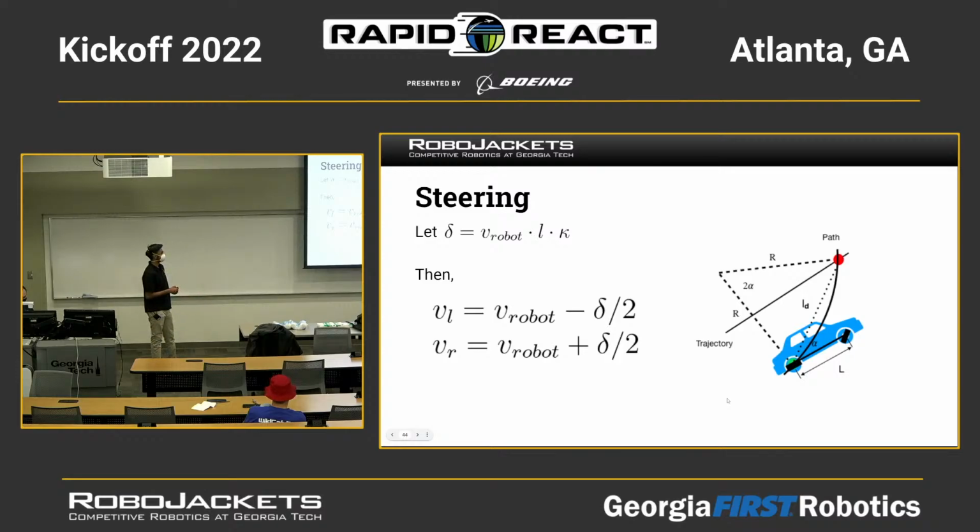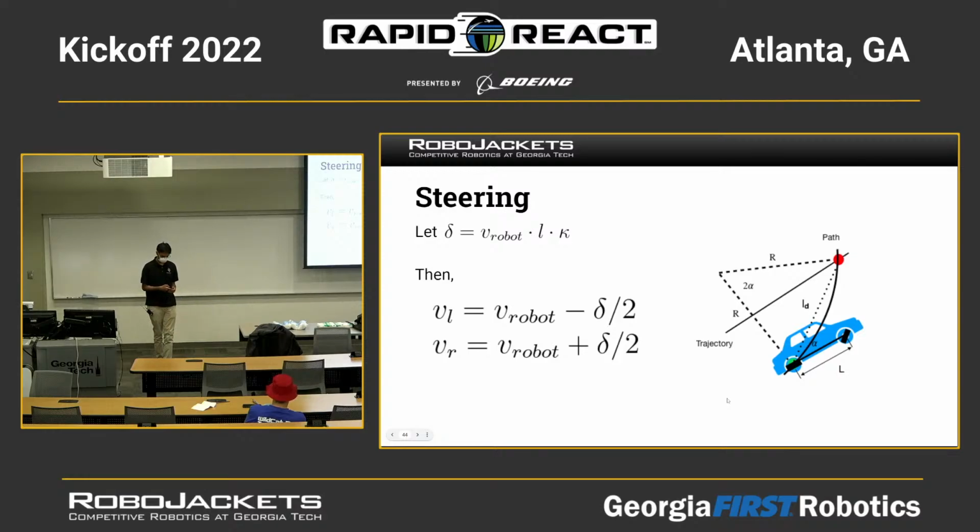Let's let this value delta be equal to v robot, which is the velocity of the robot, whatever speed you want it to go at, times little l, which is the distance between the left side wheel and the right side wheel. All that multiplied by kappa, which is the curvature we just calculated. Then you can simply apply this formula here, and you get the velocity of the left and the velocity of the right wheel.